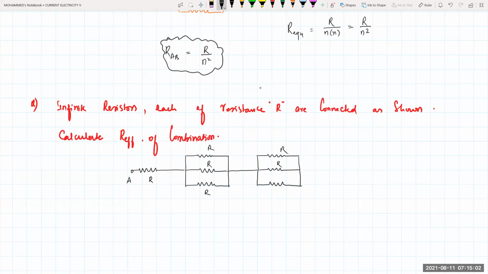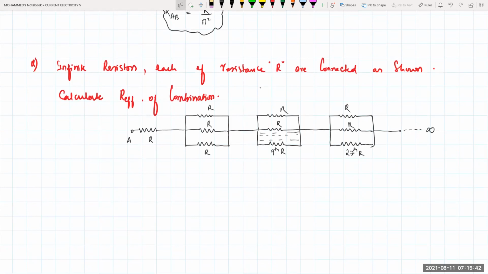This is your R, this is your R, and this one is the ninth R. It means 9 times they have been connected like that. So this is also 1, 2, like the 10 number of resistors. Then one more combination right now. So this is your terminal and it is going up to infinity. This is also R, this is also R, and this one is the 27th R. Like that, infinity it is going. Is it clear for everyone? So I need R effective of this one.